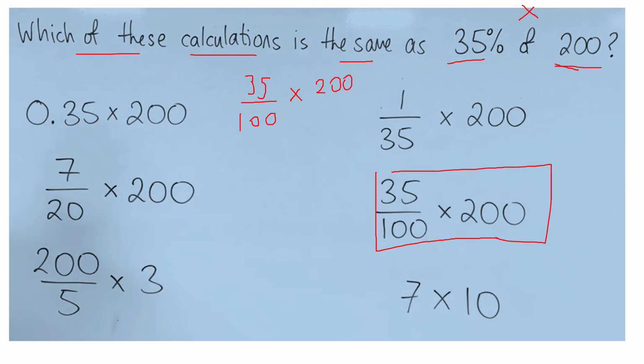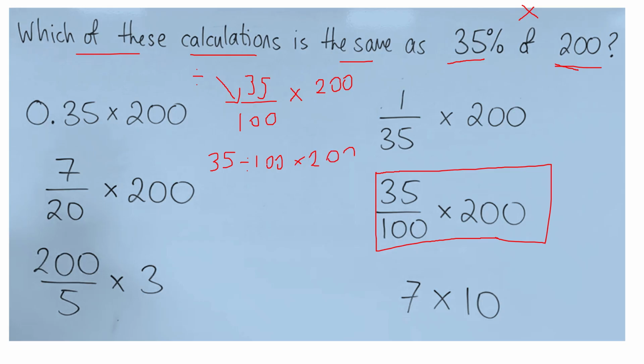Okay, what next, guys? Well, this is a fraction that can actually be simplified, but before I do that, 35 over 100 means 35 divided by 100. So we do 35 divided by 100 and then times 200.